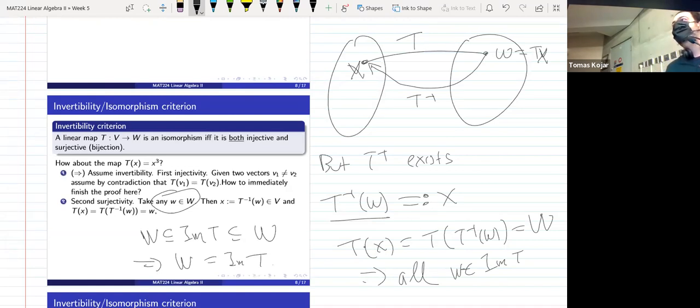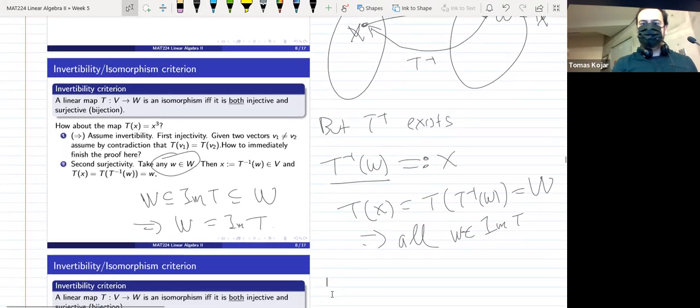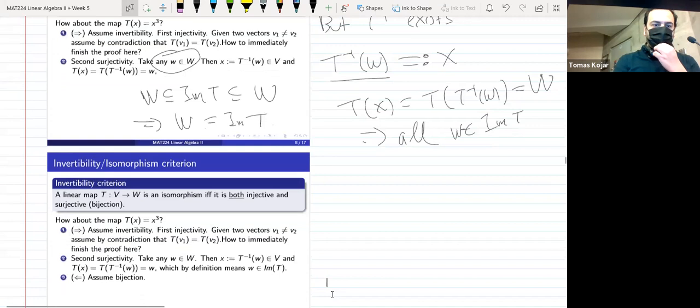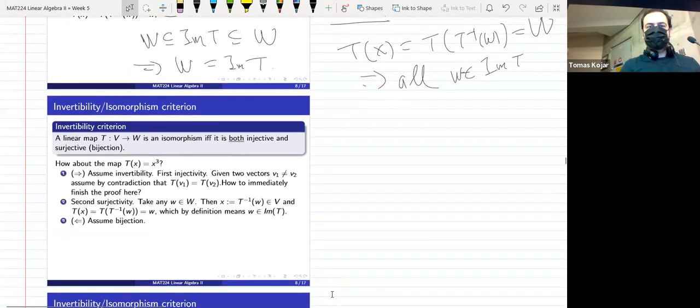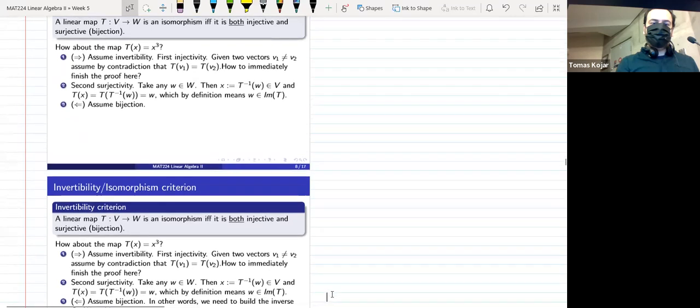Is that okay? Everybody happy? Okay. So that's it. You show that if you have inverse, you can have bijection. Now assume bijection and let's do the proof.